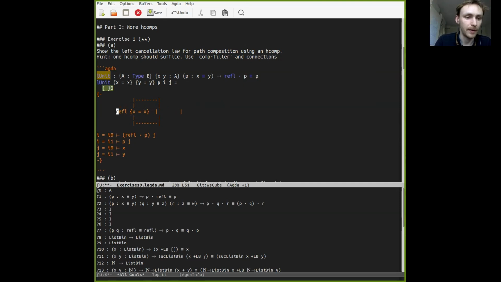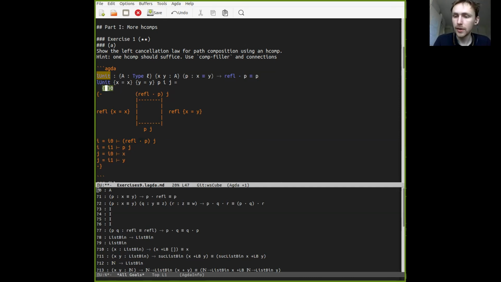Oh, damn. Okay, bear with me here. I promise I'll be faster with the other exercise. The other side, when J is equal to 1, is just refl at Y. And the bottom side is just, well, what is it? It's P I. And the top is refl composed with P. Okay, so we have to build a square that looks like this.